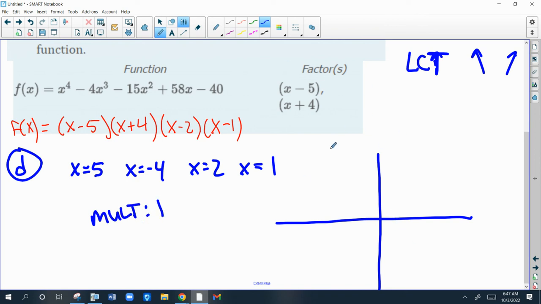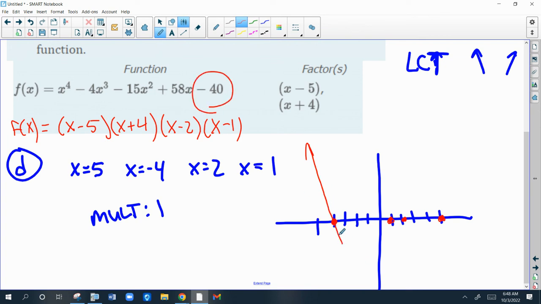So we're at 5, negative 4, 2, and 1. Starts up. These multiplicities are odd, so it's going to go through.